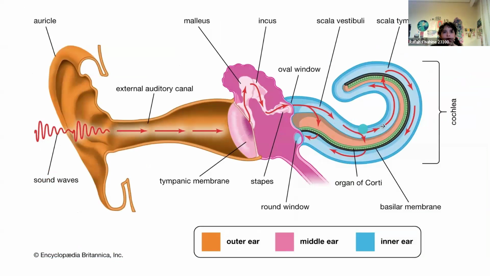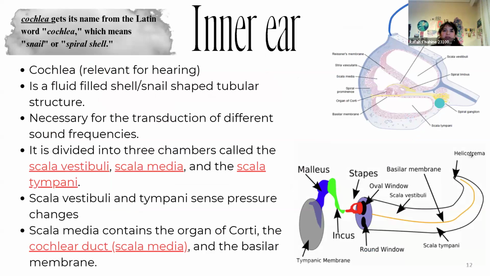And if you notice, the scala vestibuli and this other blue chamber, which is the scala tympani, are connected to each other. Where are they connected? They're connected at the helicotrema. The helicotrema is the apex of the cochlea. So the scala vestibuli and the scala tympani meet at the helicotrema of the cochlea. In between them, we have the scala media.